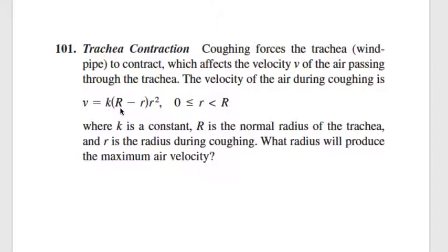Capital R is also a constant. It's the radius of the trachea at rest. And small r is the variable. It's how much the radius of the trachea is when we cough. And the question is, for what value of small r is the velocity maximum?